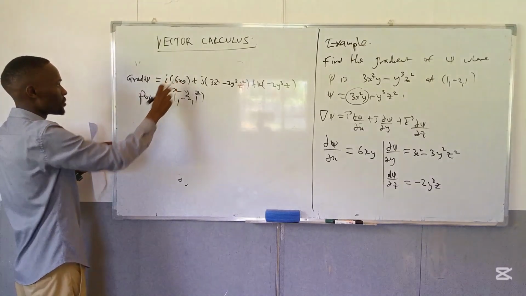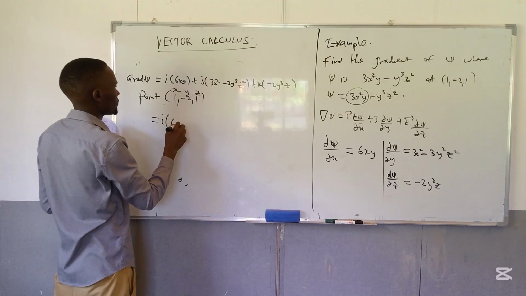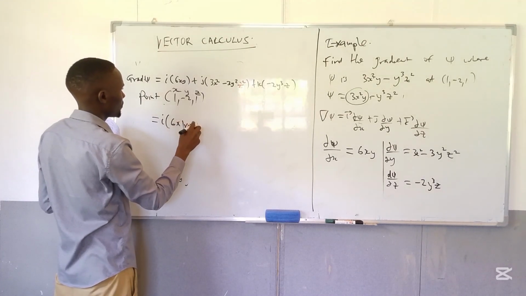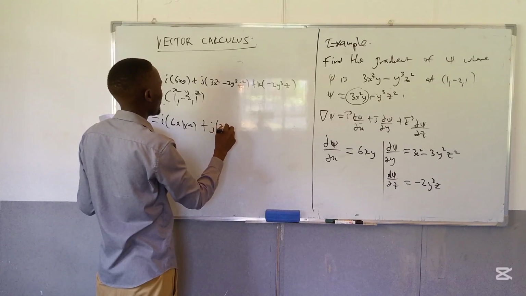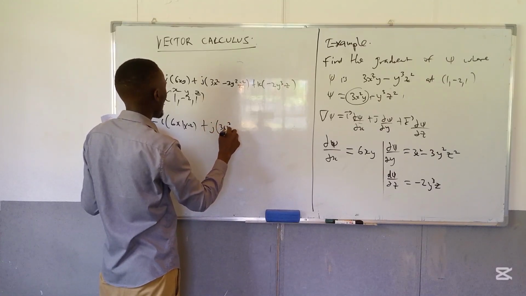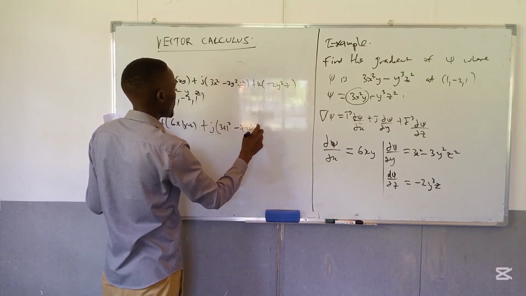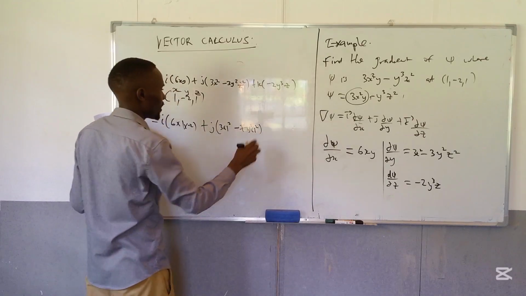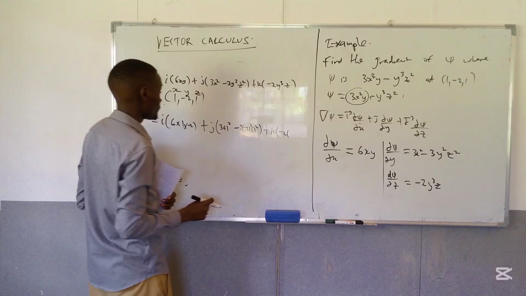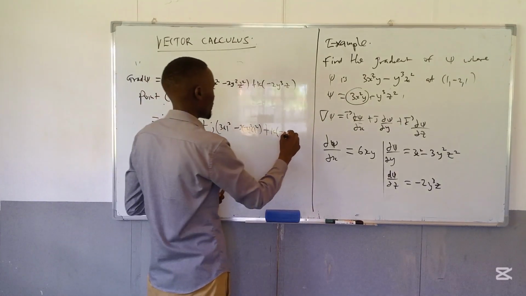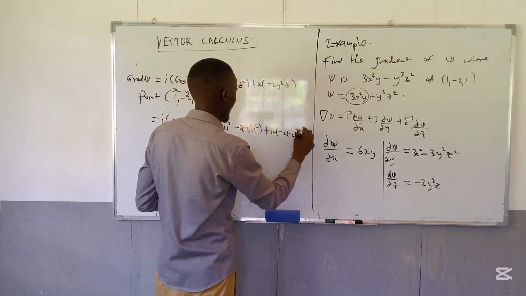Now we just substitute them in here, which will be i 6 times 1 times negative 2, plus j 3 times 1 squared minus 3 times negative 2 squared times 1 squared, plus k into negative 2 cubed times z, which is 1.